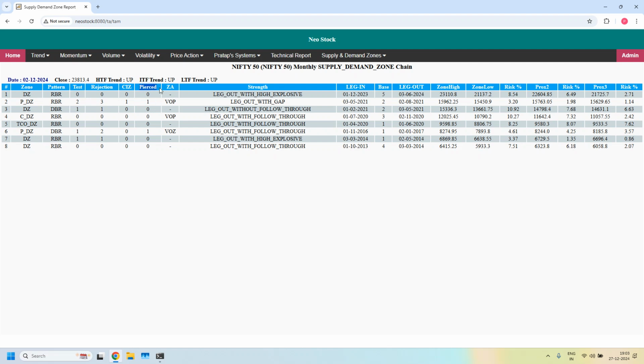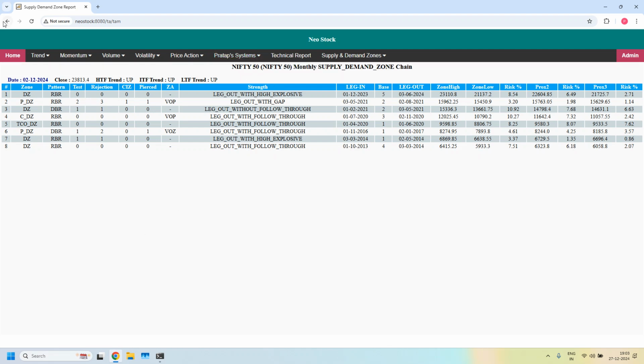Look into the pierced column to find the pierced zones. Pierced zones are not valid or tradable zones. And always look into the LTF trend to find the trend of the current time frame you have selected. Same rules you can apply to the remaining supply demand zone chain reports. And also don't forget to pause the video when you are moving from one report to another report, because I am giving you only a few seconds to watch the report.